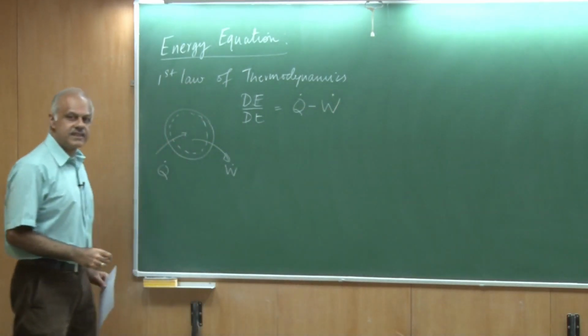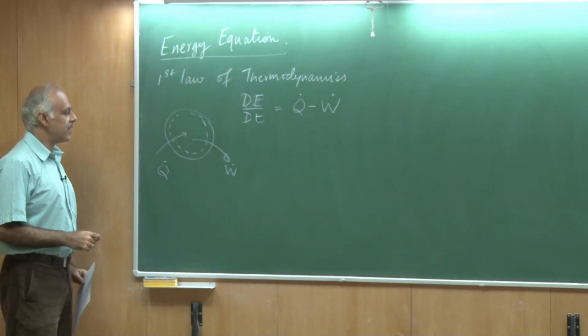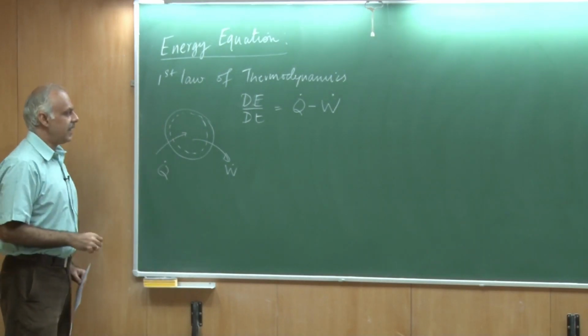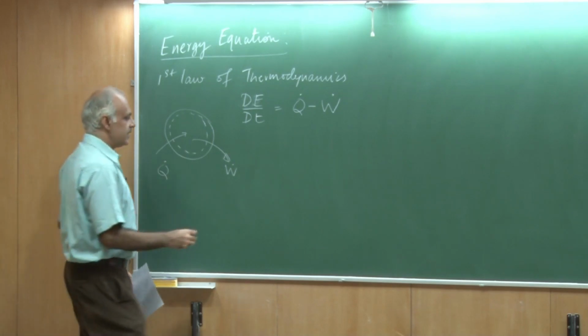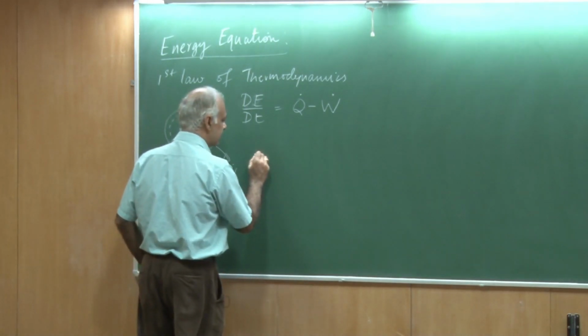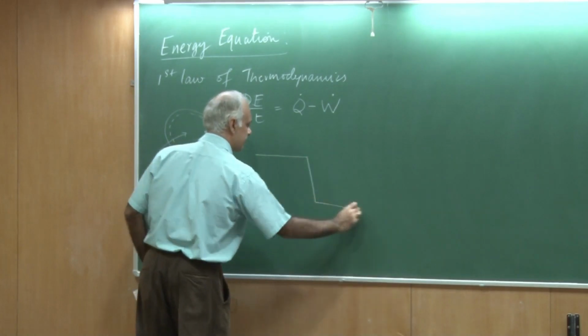So, Q dot is the heat transfer to the control mass system, and W dot is the work done by the system.